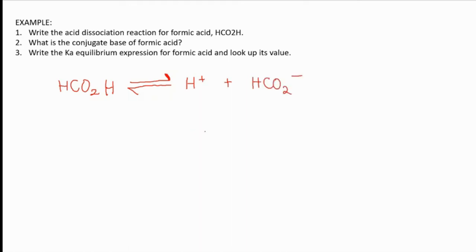So which is the conjugate base of formic acid, the H plus or the formate ion?